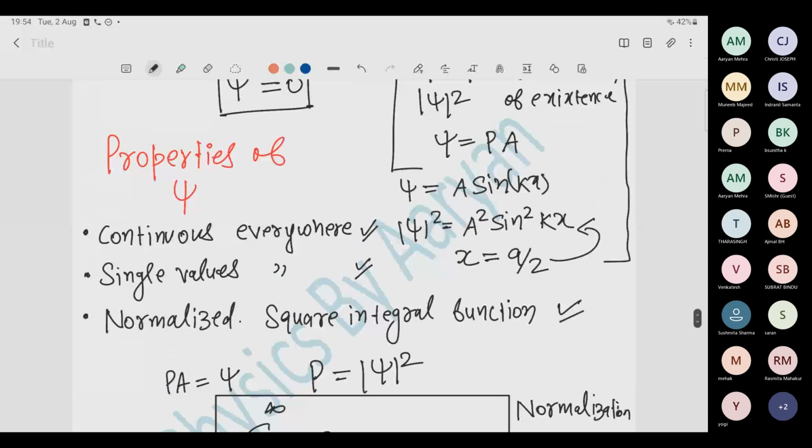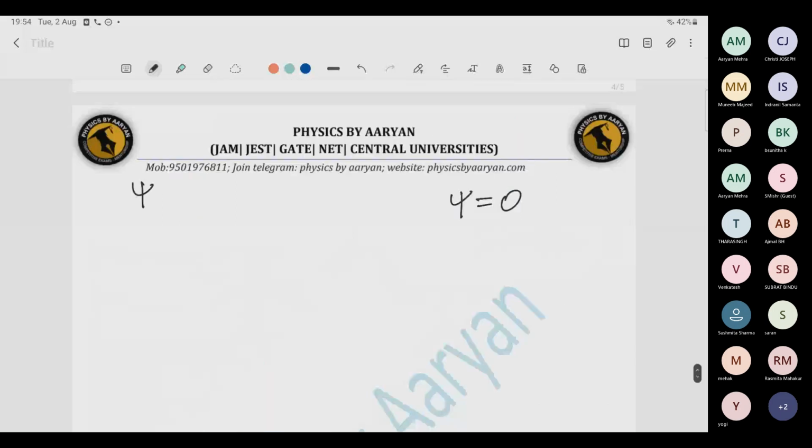The second step was, so far we know that our phi is either a sin kx, a cos kx, or that third function inside the well, and it is 0 outside the well. And now we need to decide which function is perfectly fine. So the first function to check is a sin kx. The second function to check is a cos kx.